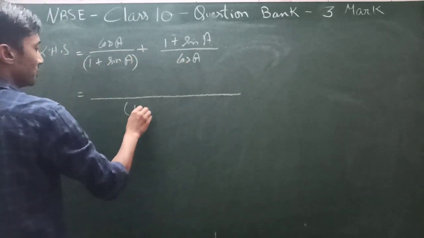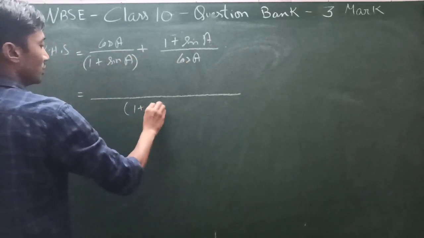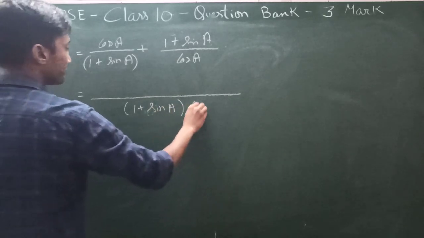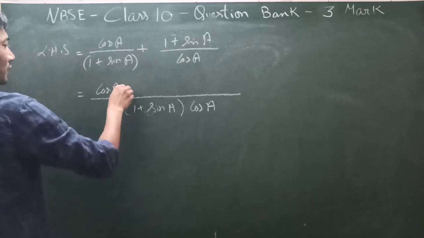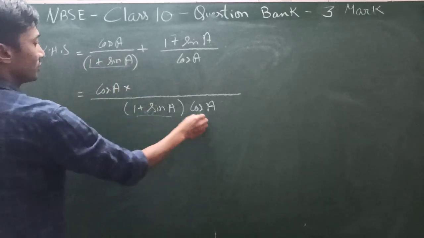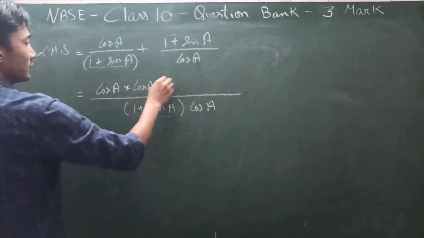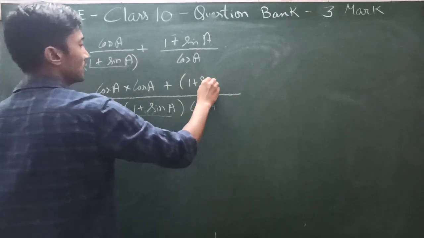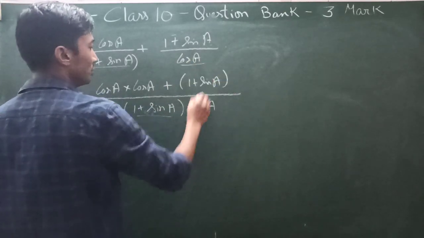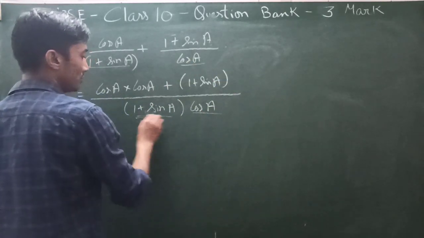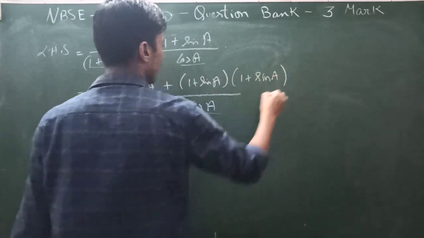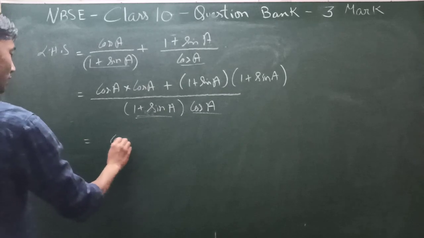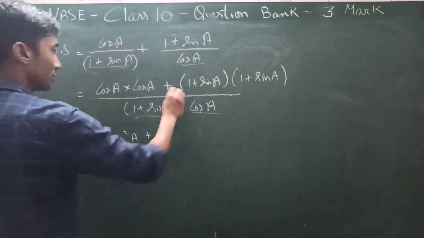Different terms, so the LCM is the product: 1 plus sine a into cos a. So this will be cos a into cos a, since 1 plus sine a is already here. Then 1 plus sine a into 1 plus sine a, since cos a is already present in the denominator, so I'll have to multiply again. Common concept of LCM. So cos square a plus this one.